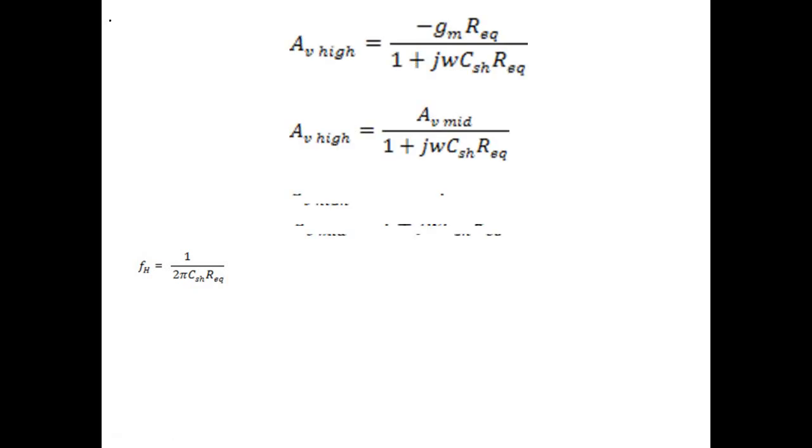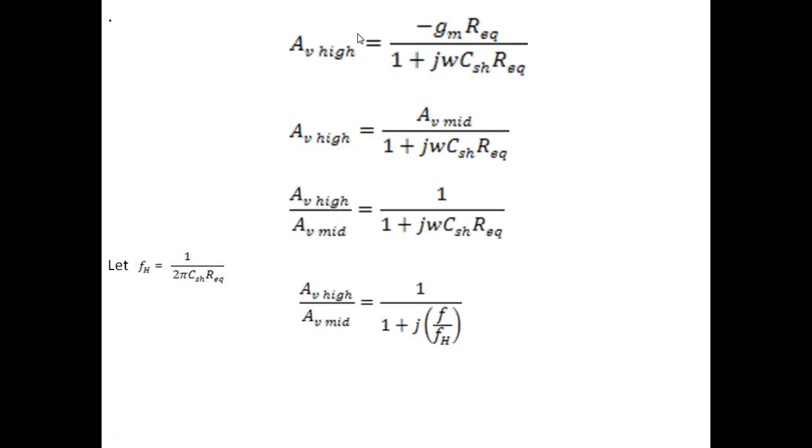So AV high is equal to minus Gm R equivalent divided by 1 plus j omega CSH R equivalent. We know minus Gm into R equivalent is our voltage gain in the mid frequency. Replace that, and calculate AV high by AV mid: 1 divided by 1 plus j omega CSH R equivalent. Let FH be the higher cutoff frequency, FH equal to 1 divided by 2 pi CSH R equivalent.